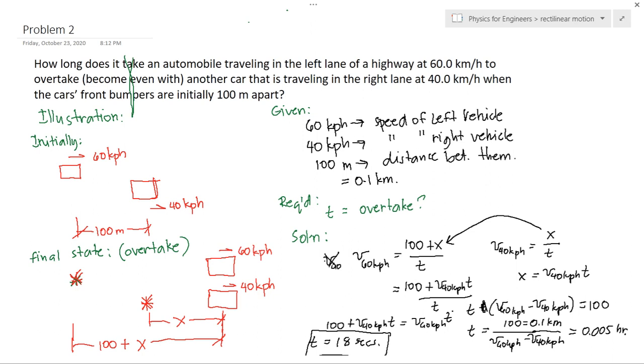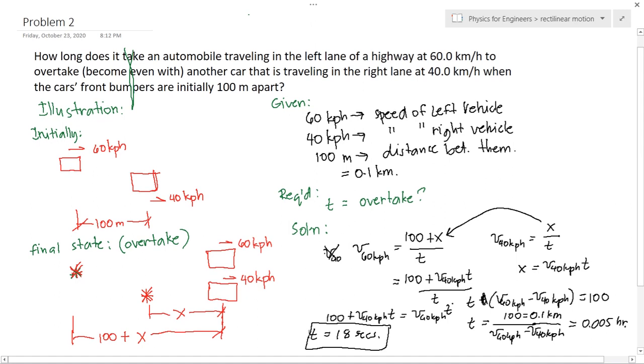So yeah, in just 18 seconds, maabutan na niya kasi 100 meters apart, then 60 kph. So ganun siya. Then next, we have here the next one. So punta tayo sa last part.